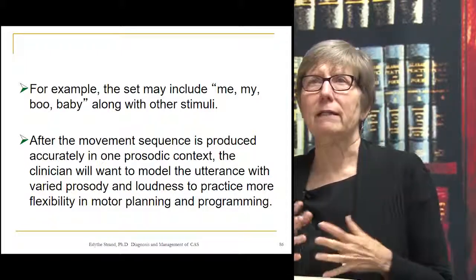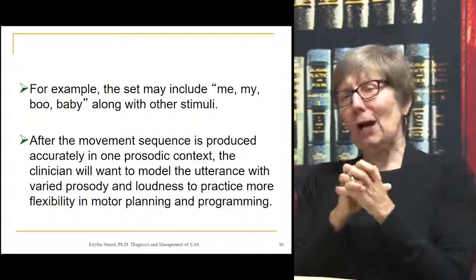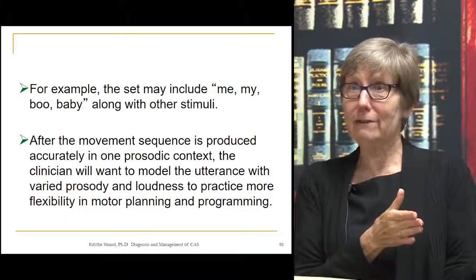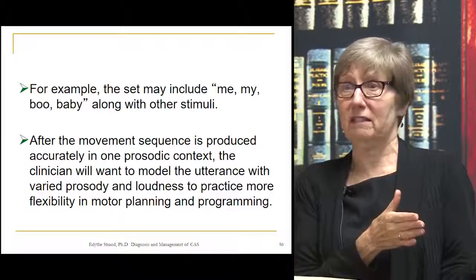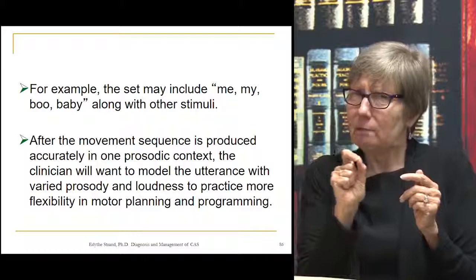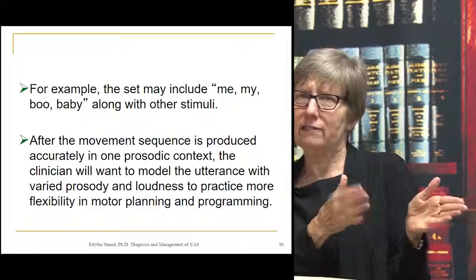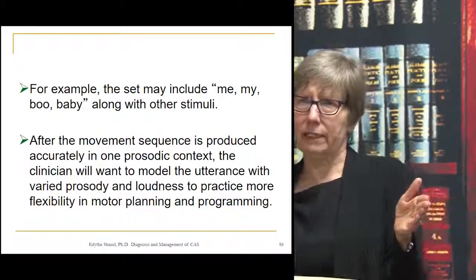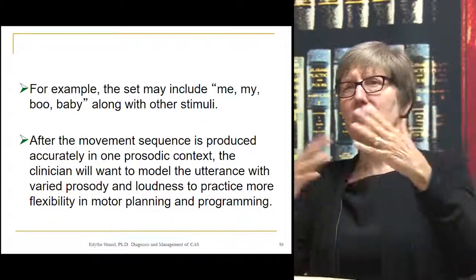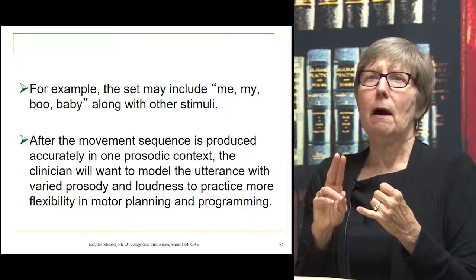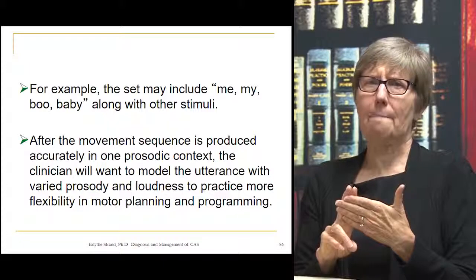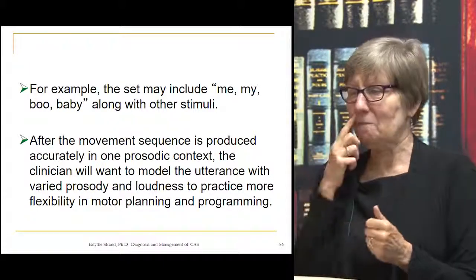Now here's another way to add variability, and it's also a way to begin working on prosody very early, even when they are at a CV, VC level. Although I usually put some simple bisyllables in early, and not in the first set, I'll bring it in fairly soon. So for example, once they become accurate, let's say we've worked on hi, bye, no, me, and mom to get one CVC.